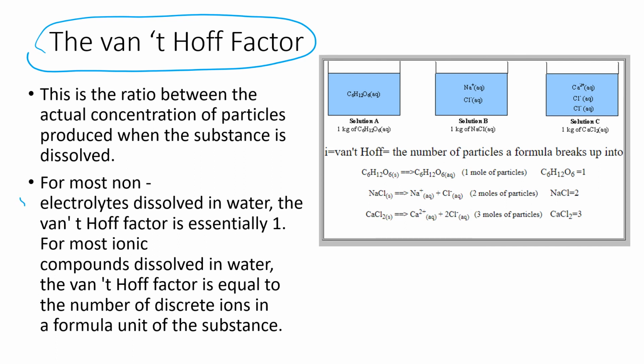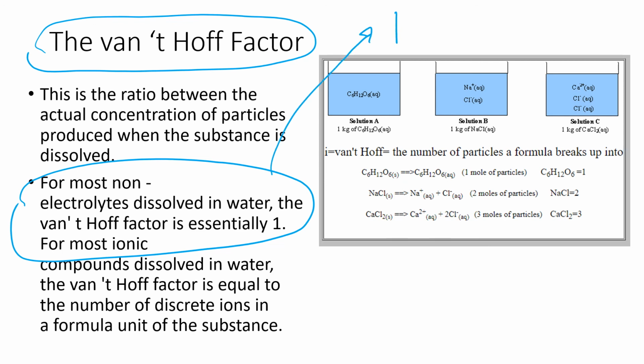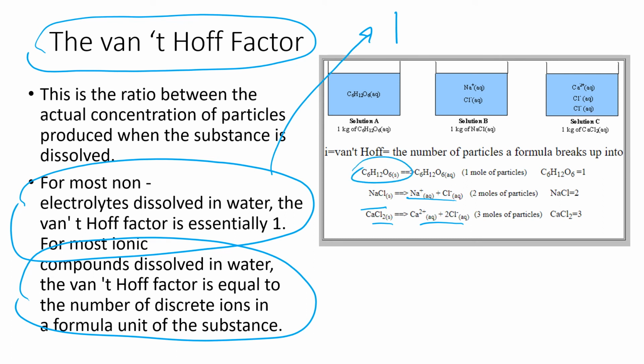If it is a non-electrolyte, the van 't Hoff factor is going to be 1. If it's ionic, it depends on how many things there are. So if something is molecular, it's a van 't Hoff factor of 1. If it's ionic, it depends.